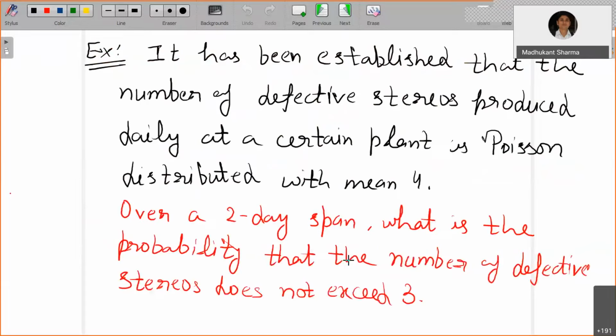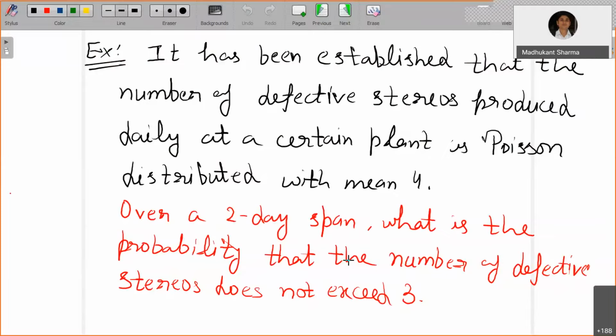Take this example. It has been established that the number of defective stereos produced daily at a certain plant is Poisson distributed with mean 4.